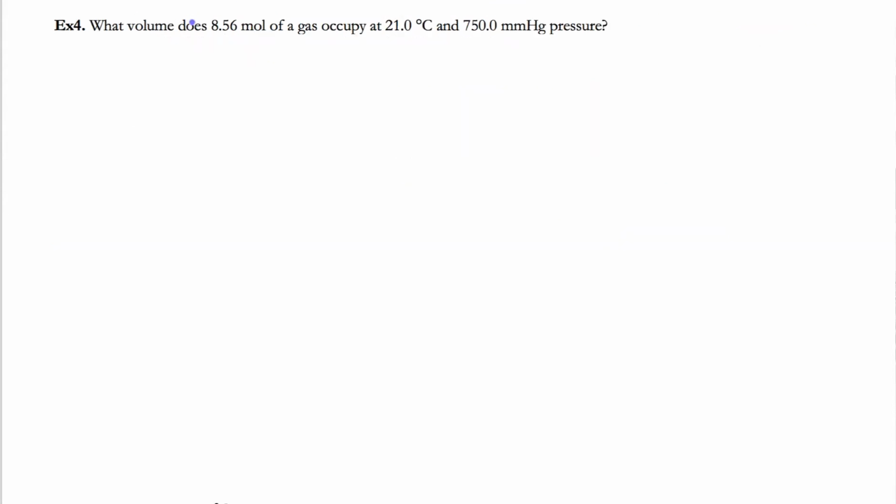All right, last practice problem. What volume, so I'm solving for V, does 8.56 moles, that's my n, of a gas occupy at 21 degrees Celsius, that's my temperature, and this pressure? All right, so I'm solving for my volume. I'm going to use my ideal gas law again. Keep in mind my pressure needs to be in atmospheres, but right now it is millimeters of mercury, so I need to convert this.